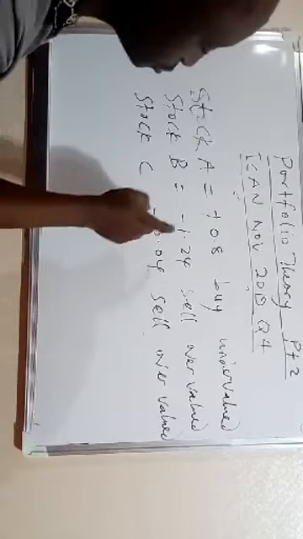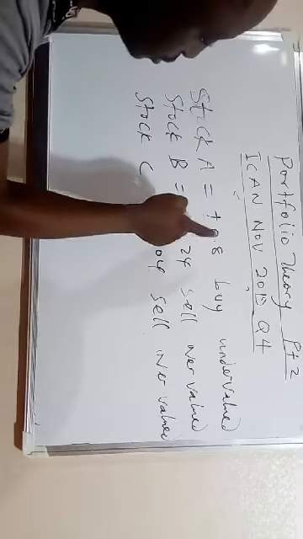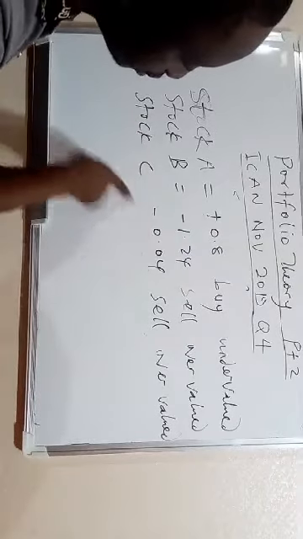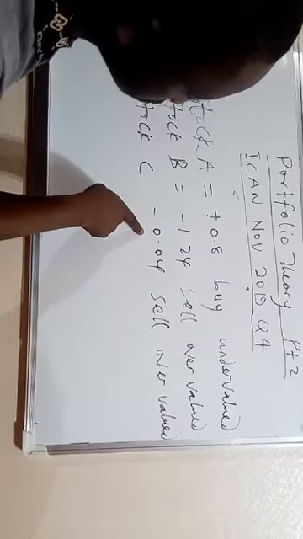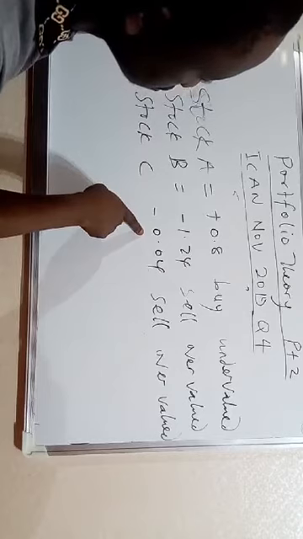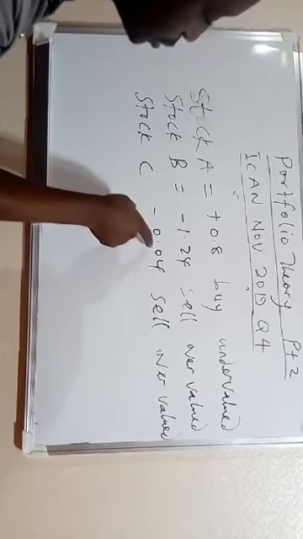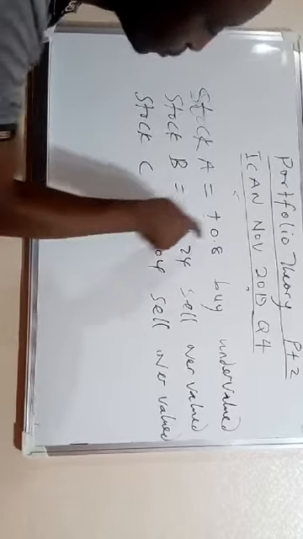Now you see that there is none that is equal to 0. This one is closer to 0, while this one is further out from 0.